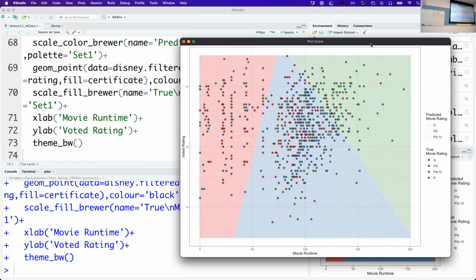Maybe the probabilities in certain places for a particular outcome are really close, and it just happens that one is slightly higher and therefore gets chosen, and that's why this is all blue. But that doesn't really help you with the error stuff. If you get it wrong, you get it wrong.